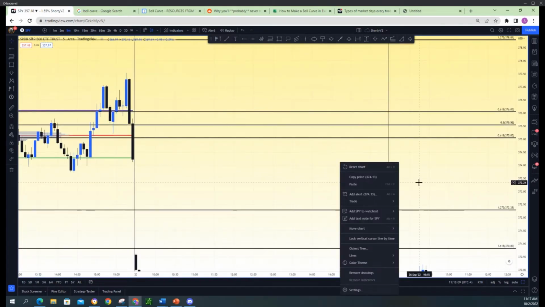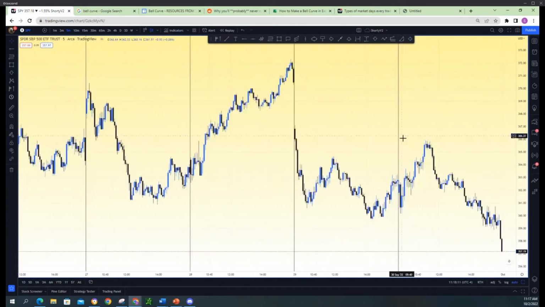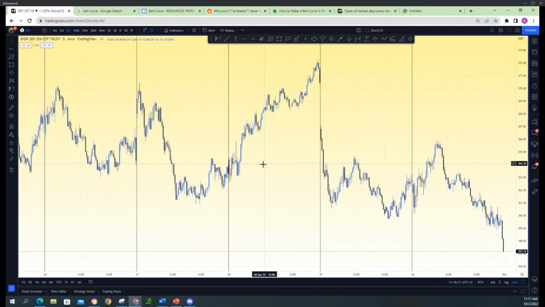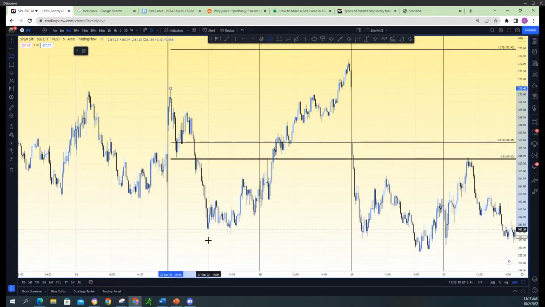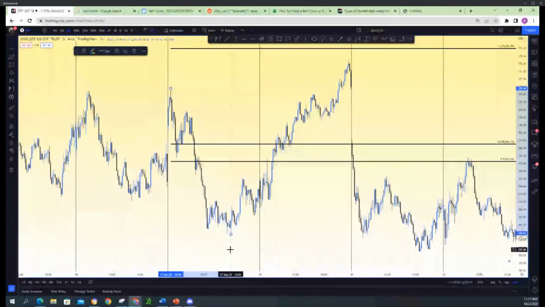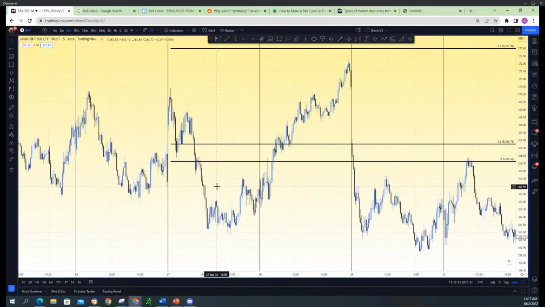And usually in a typical day, somewhere like this, the 50% is pretty important. Does anyone know why? Why would 50% be important on a typical day?